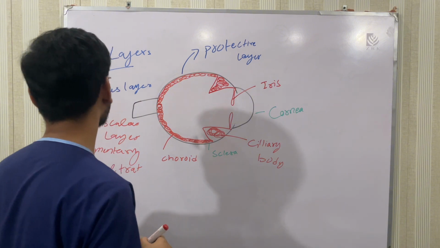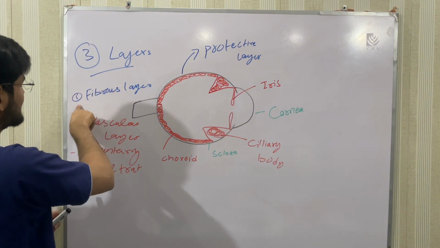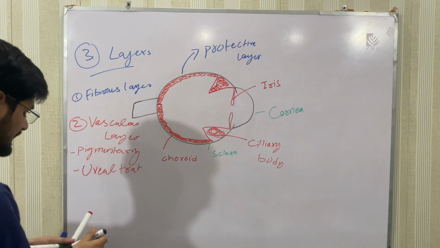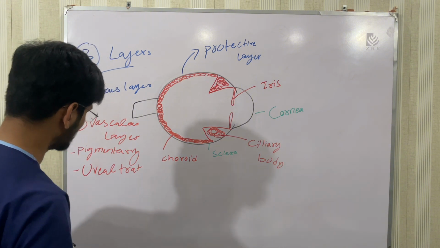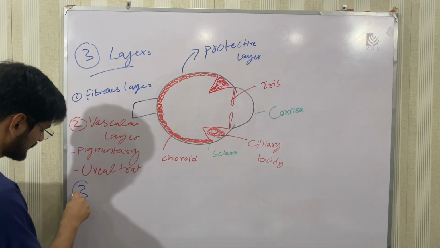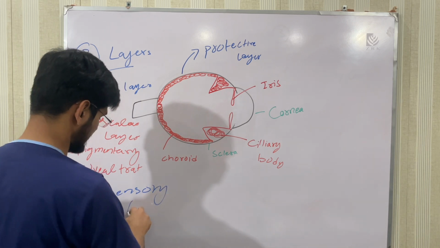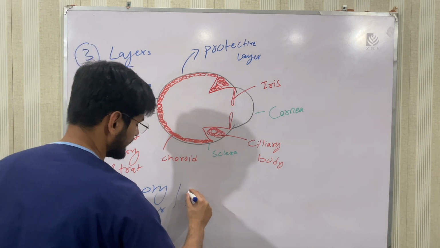So we learn three major layers. The first layer is called fibrous, the second layer is called vascular, and the third layer is called sensory layer. The sensory layer is also called retina.